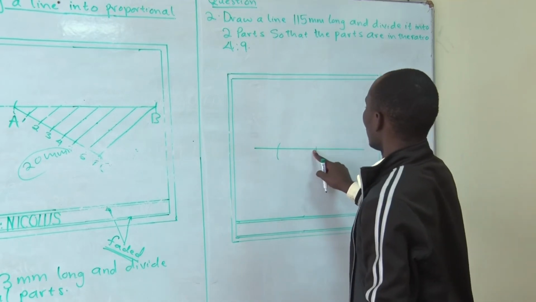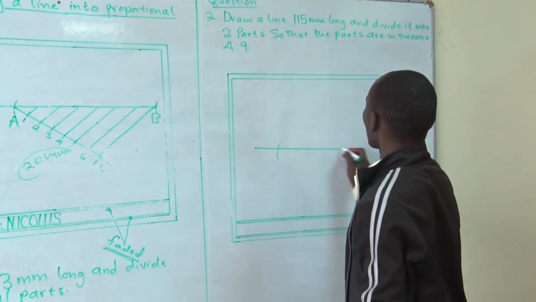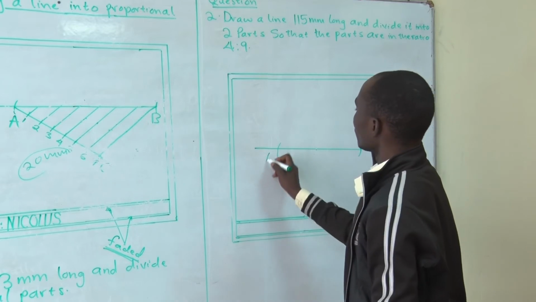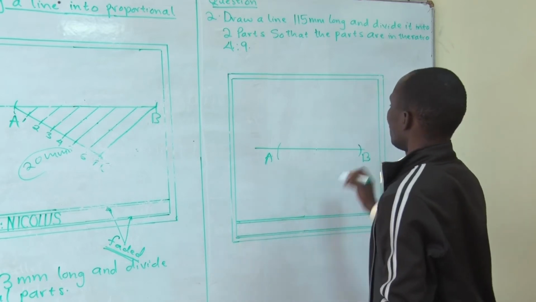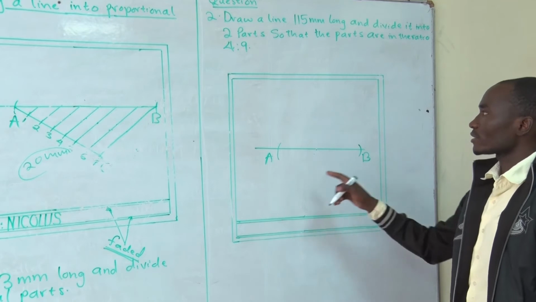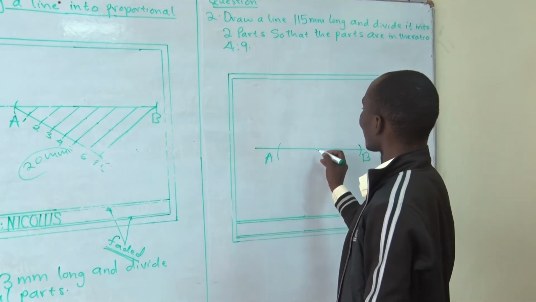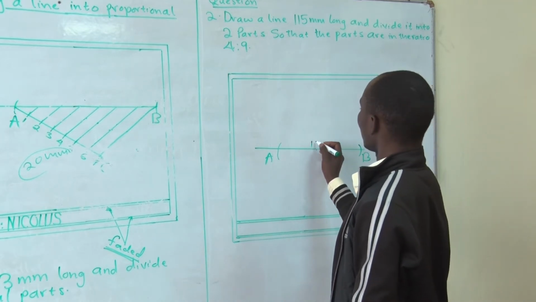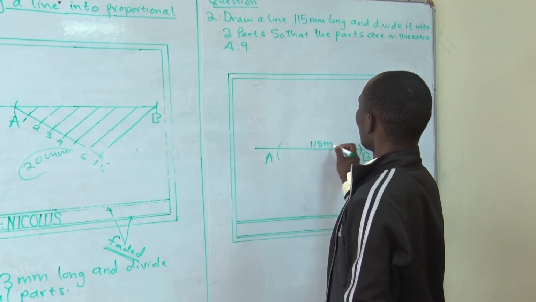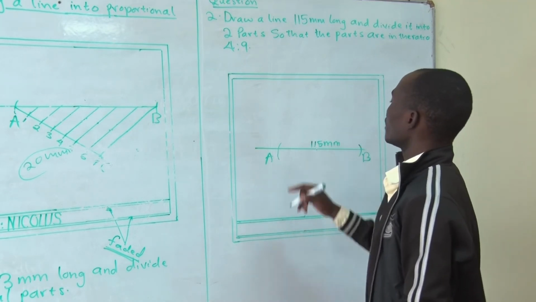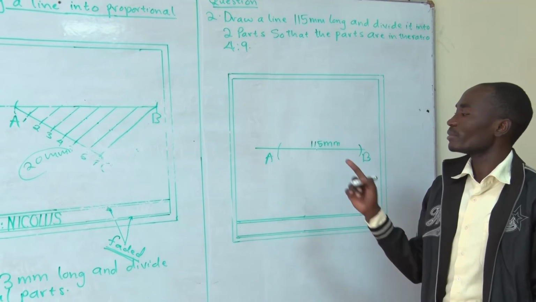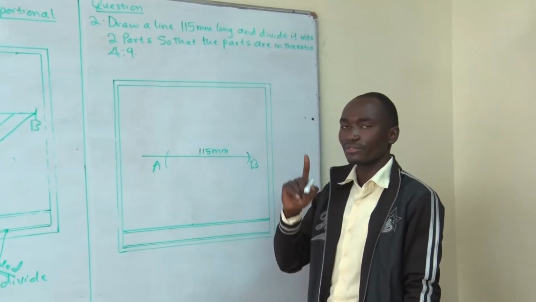So let me assume that my mark is somewhere here. So this is your AB. So these are the two marks that I've made, assuming that they are 115 millimeters.